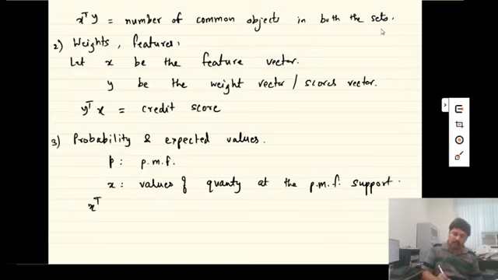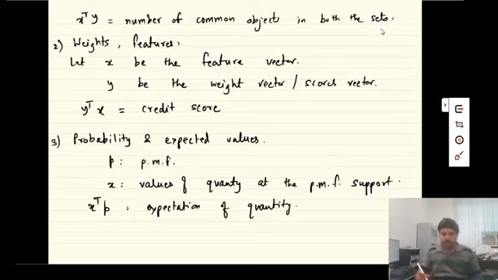Then what is X transpose P? This X transpose P is nothing but the expectation of the quantity. So that's how you define expectation.